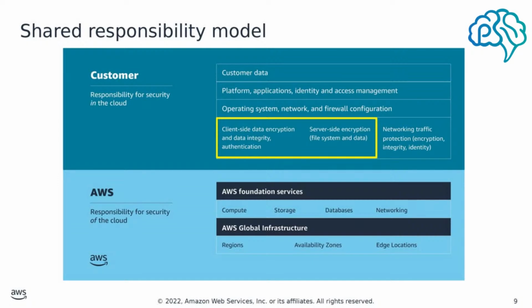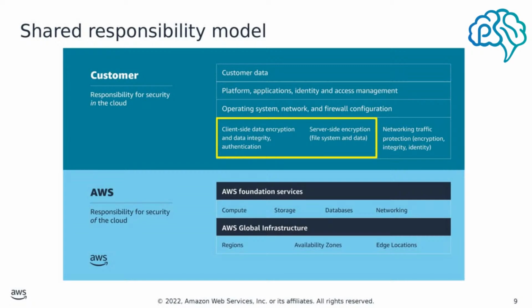The customer is going to be responsible for the security inside of the cloud, and this would include customer data, the platform application, identity and access management, the operating system, the network, the firewall configuration, client-side data encryption and data integrity authentication, server-side encryption of file system and data, network traffic protection, that includes encryption, integrity, and identity.